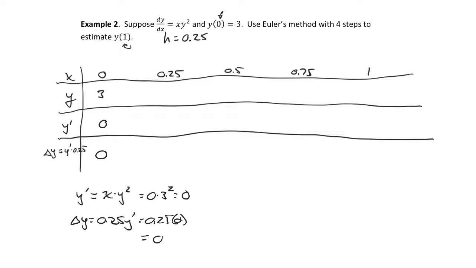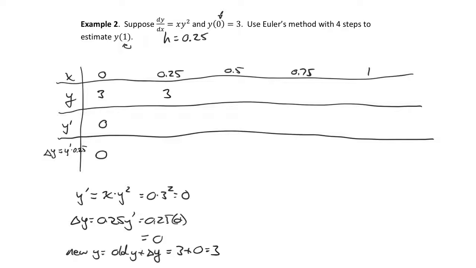So our change in y is 0, which means our new y value is the old one plus the change in y. Well, our old one was 3, which I get from the table here. Our change in y is 0, so 3 plus 0, which is still 3.